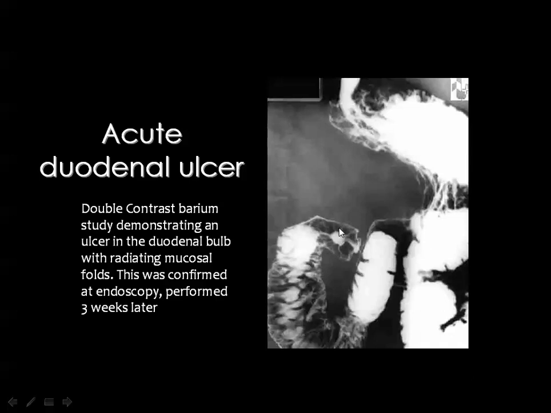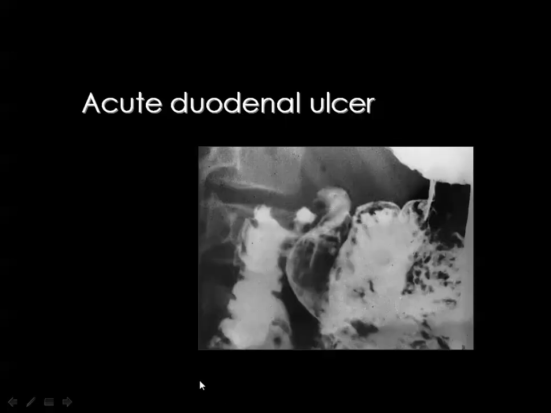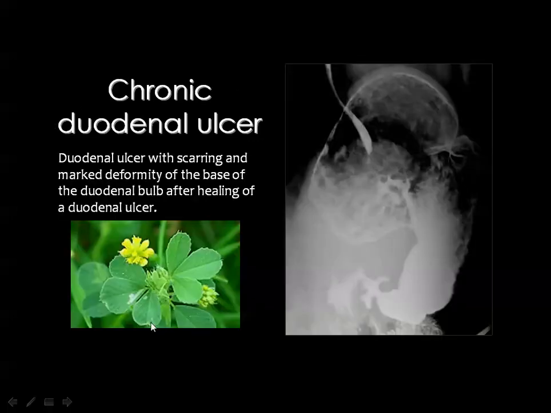You see the mucosa is reaching the edge of the ulcer, and the persistent area of barium collection in this duodenal bulb. And this is also a typical appearance of an acute duodenal ulcer, a collection of barium in the duodenal bulb, and you see the mucosa reaching the edge of the ulcer.